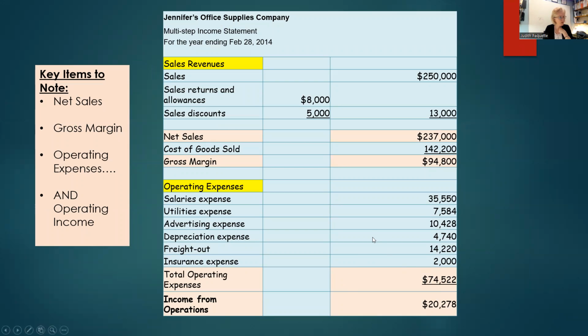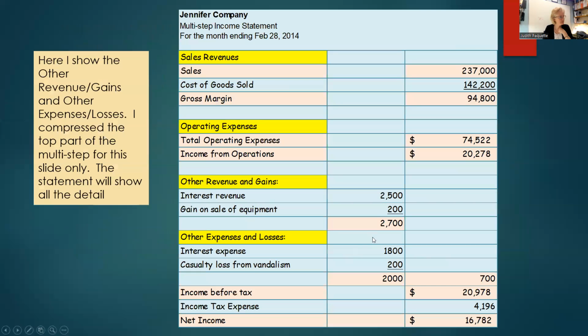So we're going to come down here. There's operating income or income from operations. And then here we have the non-operating revenue or gains, and expenses or losses. So interest revenue and interest expense are not operating expenses.